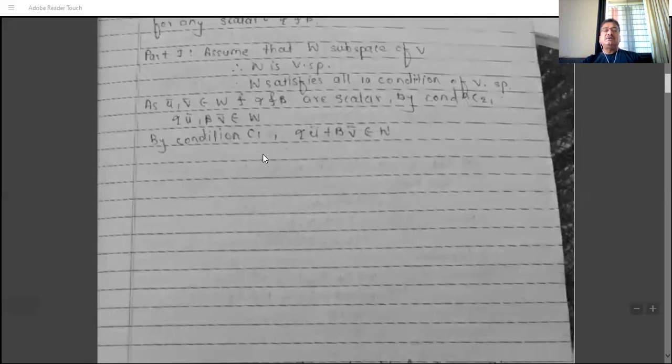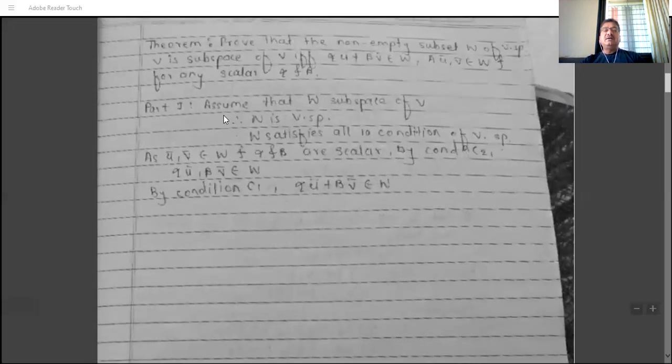For condition C2 we set beta equal to 0, and then we have alpha U bar plus 0 bar belongs to W, that is alpha U bar belongs to W, and that is the property C2. Setting alpha equal to 1 and beta equal to 1, we have U bar plus V bar belongs to W. So this is the property number C1.